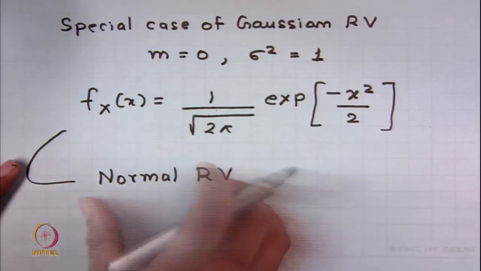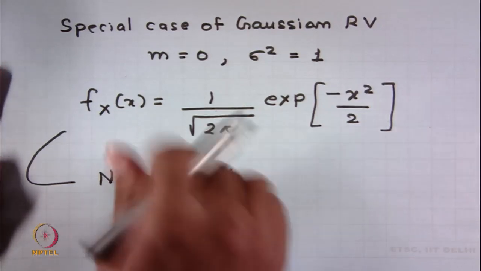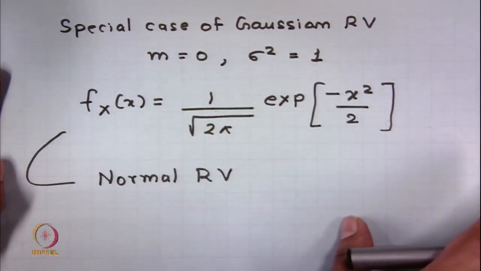Okay. So, normal random variable is just nothing but it is a special case of Gaussian random variable when you assume mean to be 0 and sigma square to be 1.